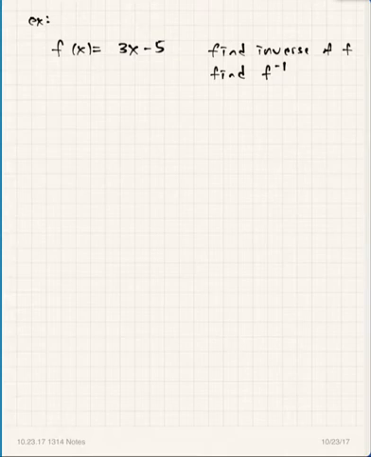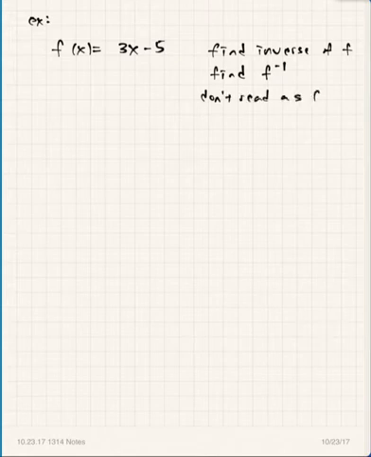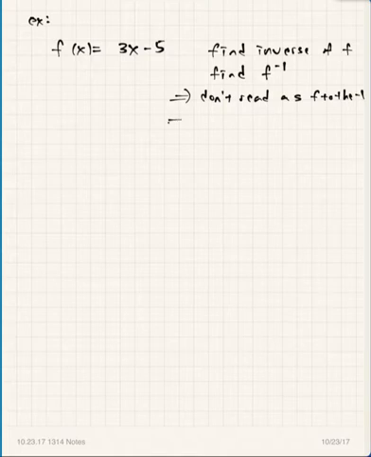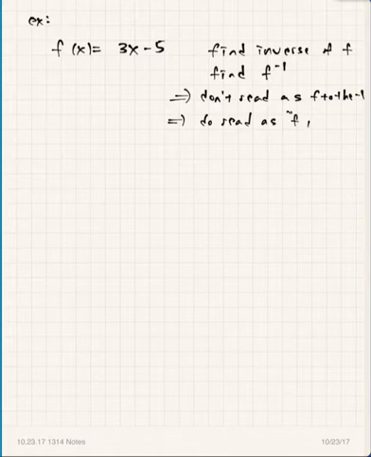It's just notation. And you just read that as f inverse. So don't read it as f to the -1. Definitely not. Do read it as f inverse. Right, that's what that notation means.